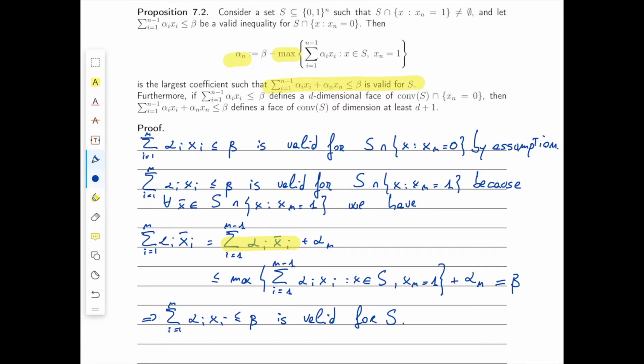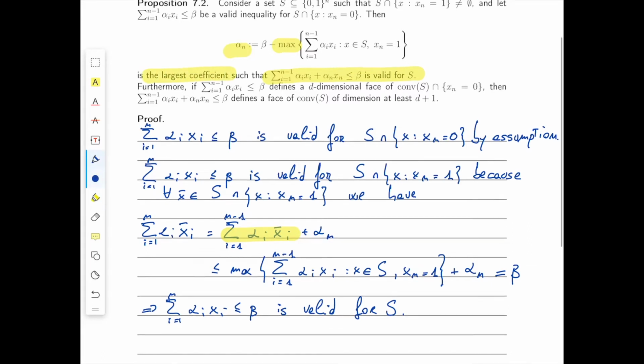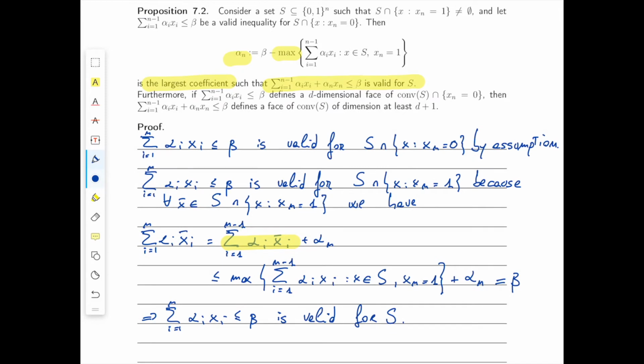Now let's prove that alpha n is the largest coefficient with this property. In order to prove this, we show that the vector x star that achieves the maximum satisfies our lifted inequality at equality.